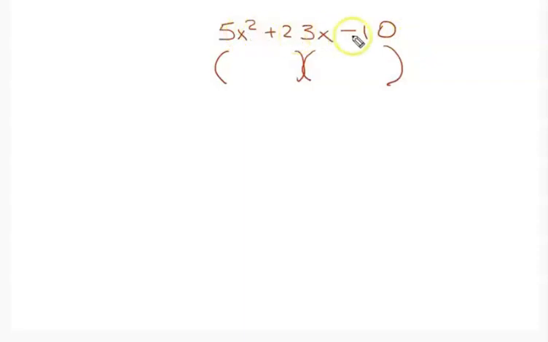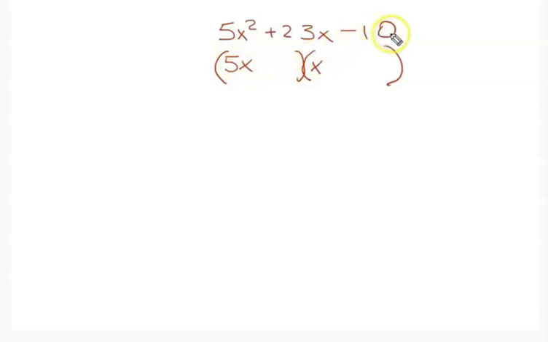Is there any factor we could take out of each term? No. Now, in our A spot here, we have a 5. Now, 5 is prime. So this has to be 5x and x. That's the only possibility. Now, you could have put the x there and the 5x there. It doesn't make any difference. I tend to do it this way.